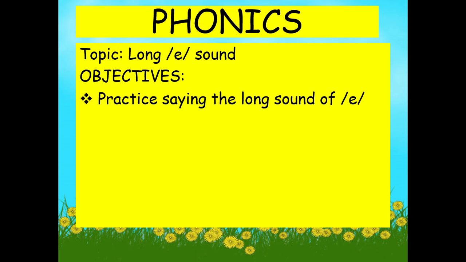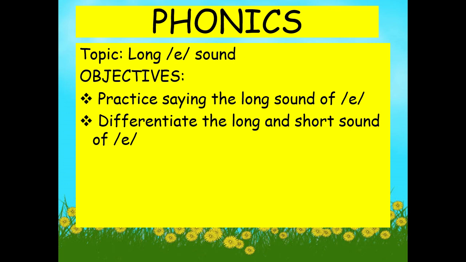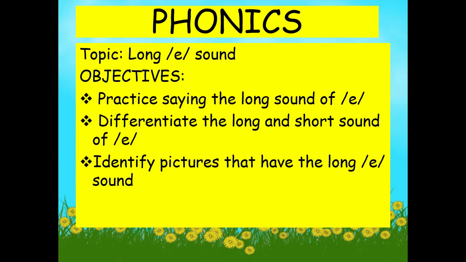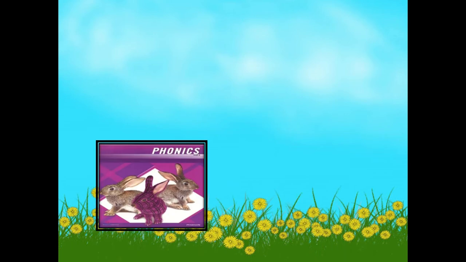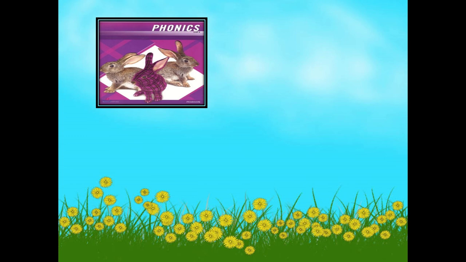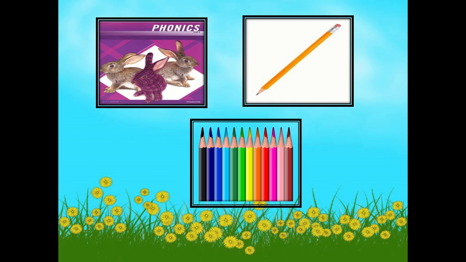Practice saying the long sound of the letter E. Differentiate the long and short sound of the letter E. Identify pictures that have the long sound of the letter E. And last one, recall the long vowel letters and their sound. We need the following materials: phonics book, pencil, and colored pencil.